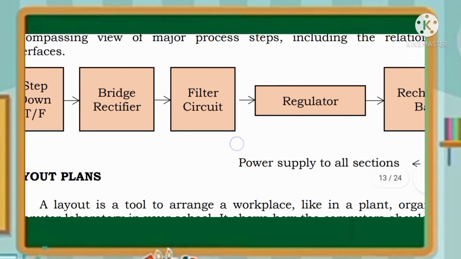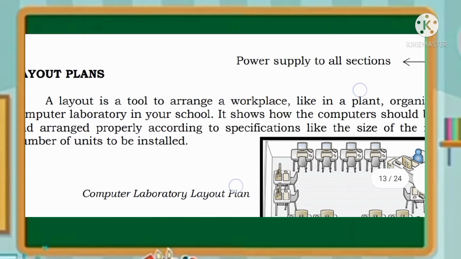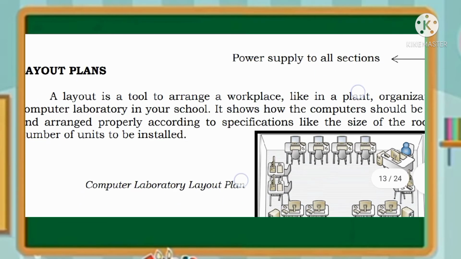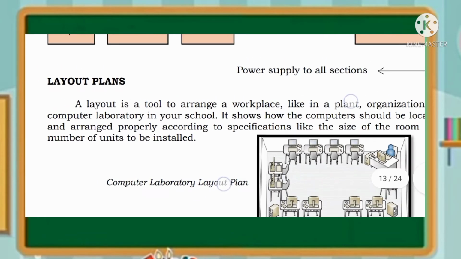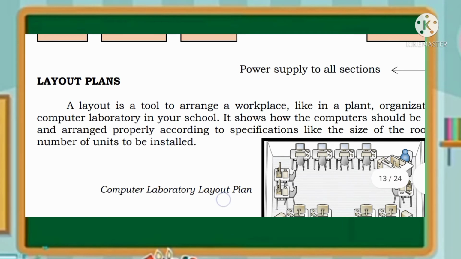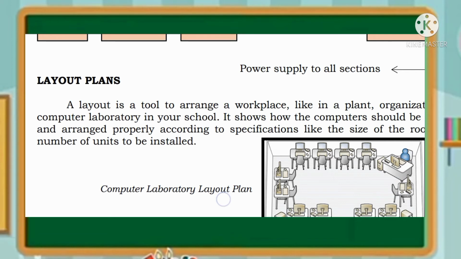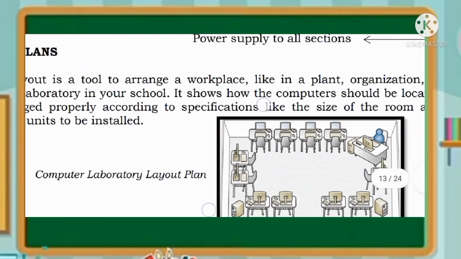And next is the layout plan. A layout is a tool to arrange a workplace, like in a plant, organization, or computer laboratory in your school. It shows how the computers should be located and arranged properly according to the specification, like the size of the room and number of units to be installed.